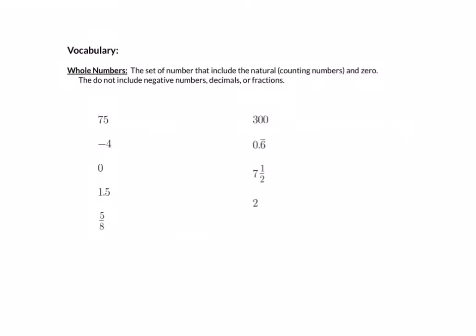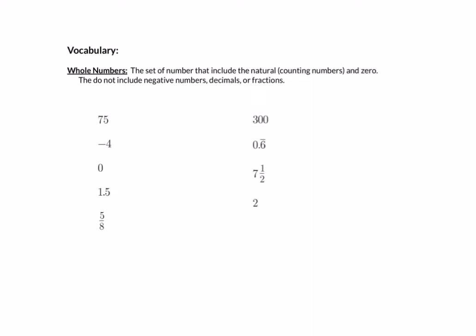So first off, before we break down larger numbers, let's just talk about what numbers are. We're going to be looking at whole numbers in this module. So what are whole numbers? Whole numbers are the set of numbers that include the natural, or sometimes called the counting numbers, and 0.